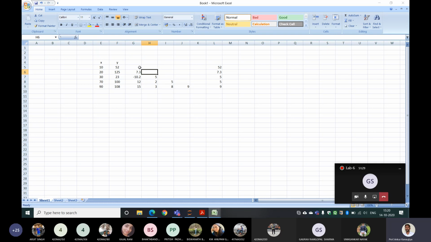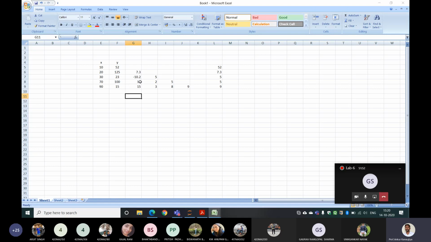So how will we make it? Now just watch. We'll do the backward calculation. First we'll calculate this 15: 108 minus 100 divided by 19 minus 17 will give 15. Watch carefully what I am doing. Once we get 15, we'll erase this and put 15 here.